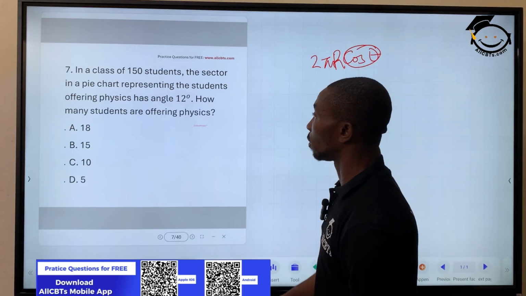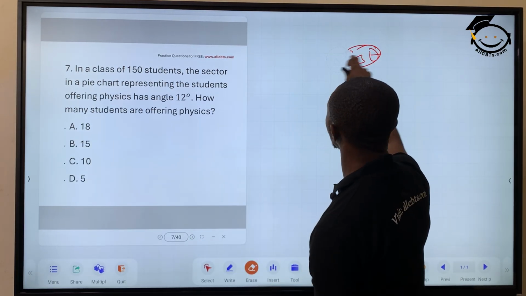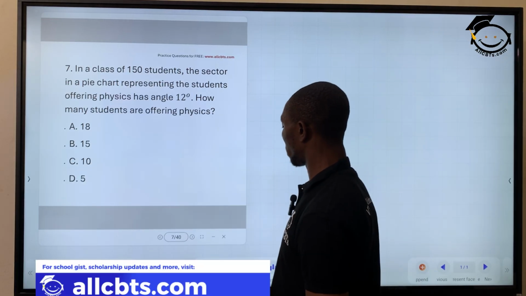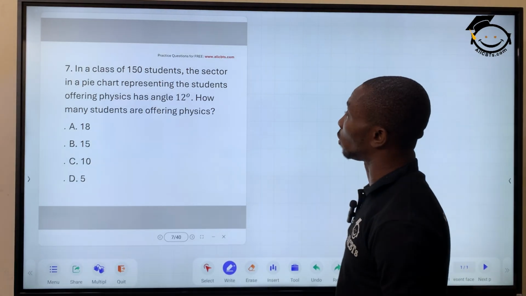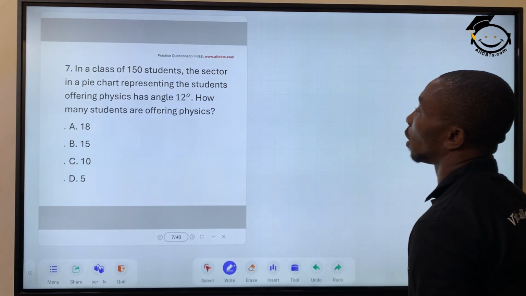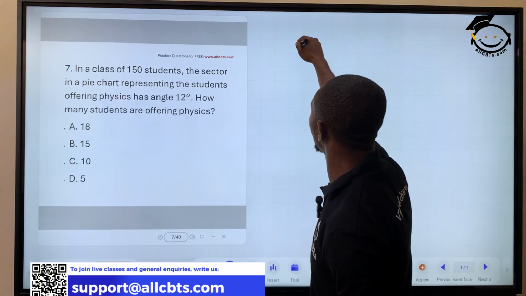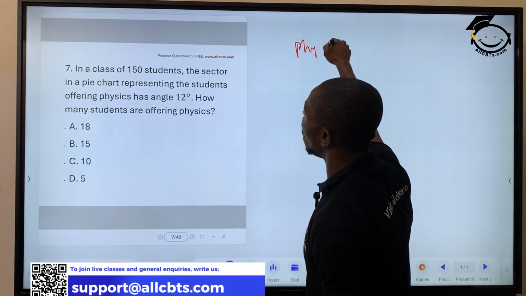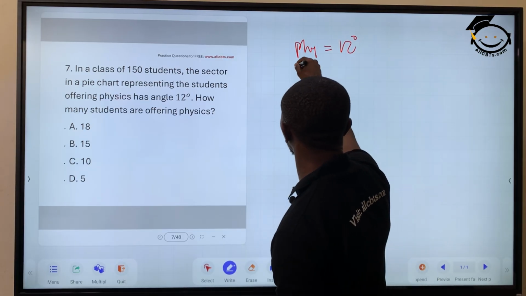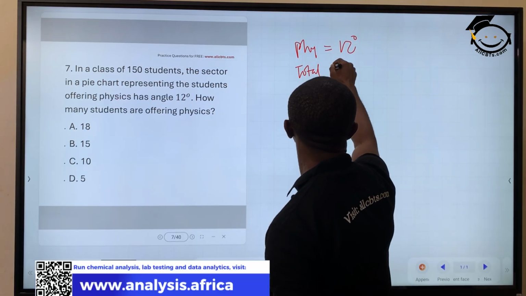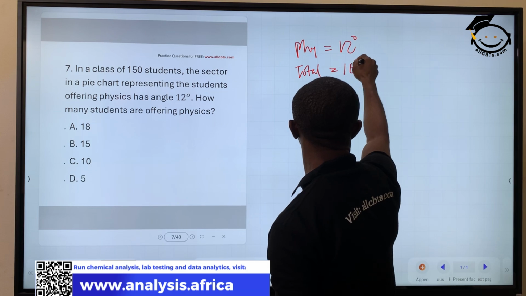Next, we'll be looking at, in a class of 150 students, the sector in a pie chart representing the students offering physics is 12 degrees. How many students are offering physics? So total students are 150.